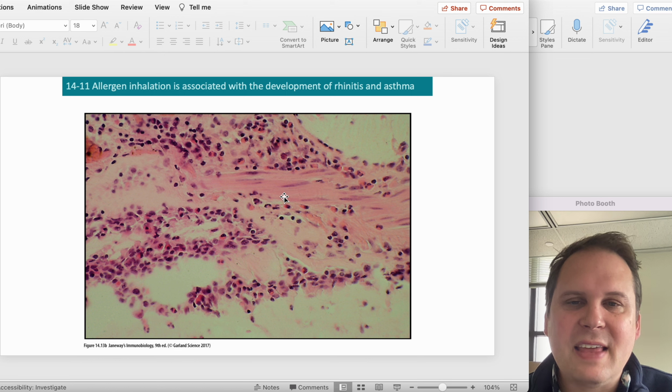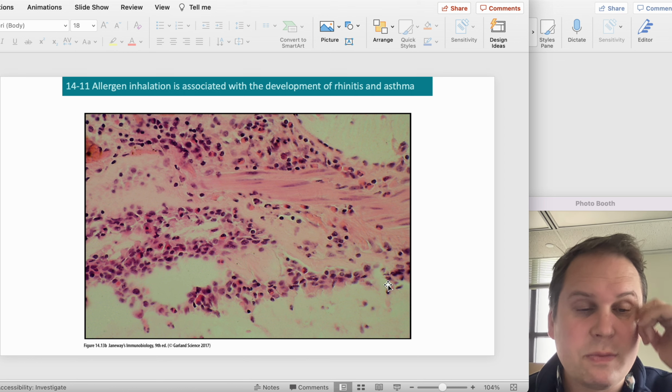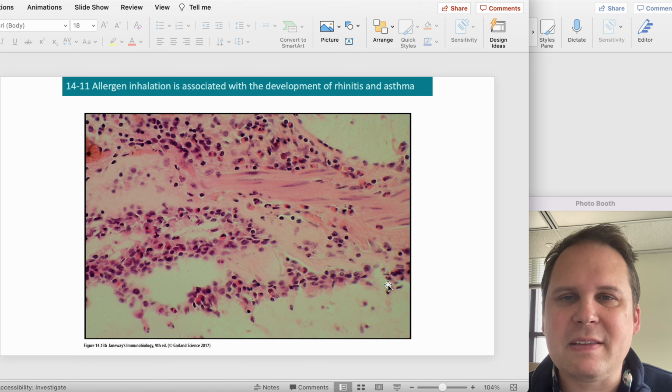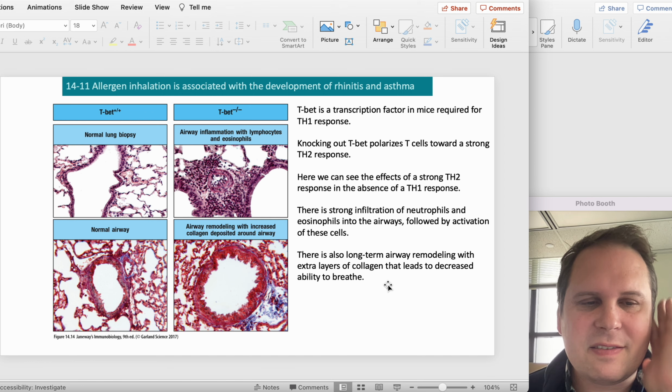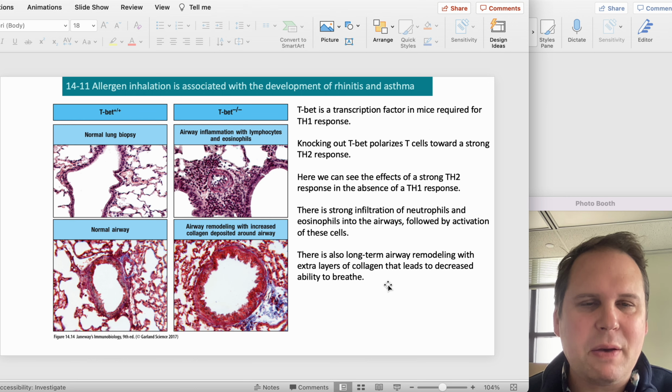And then once you get that allergic response, you're going to get all these little dark cells. They're going to be coming out of the blood vessels and working their way toward the sites where the allergen was picked up. And over the long term, what you get is this. So these are from a particular kind of mouse.